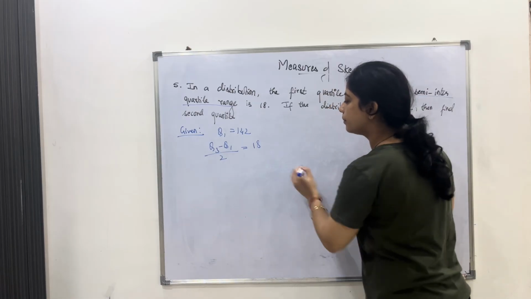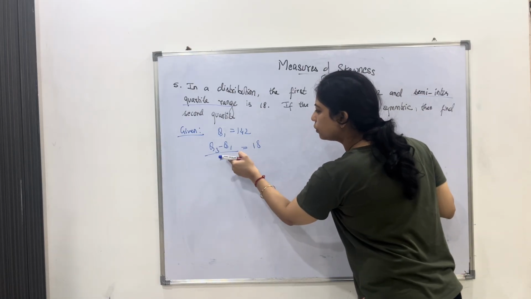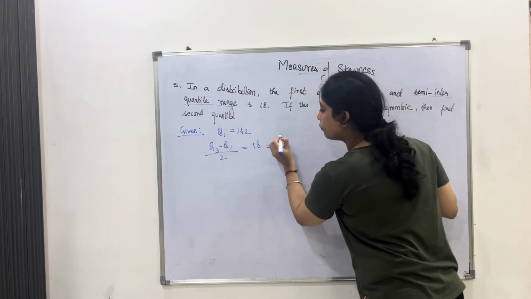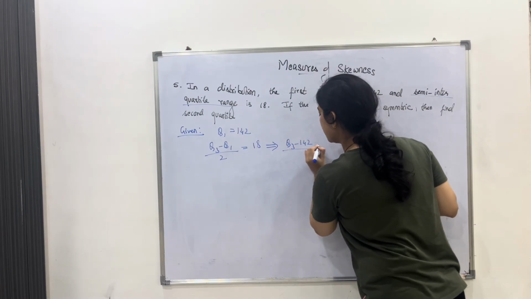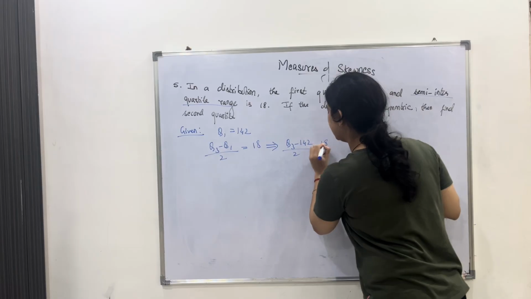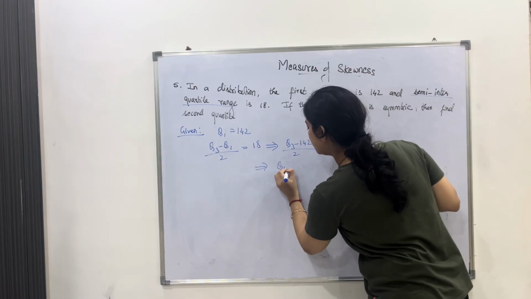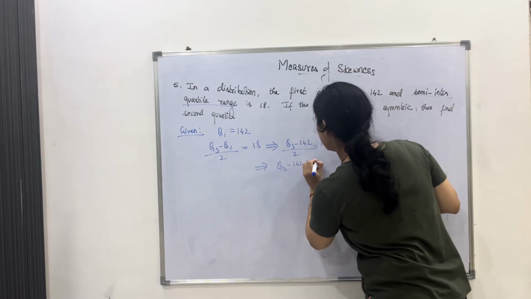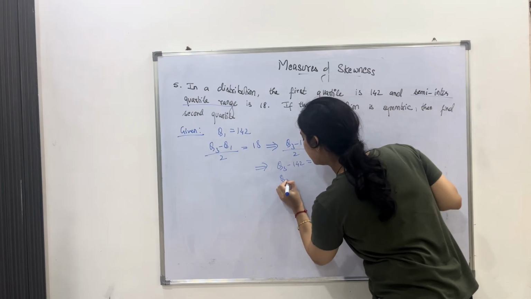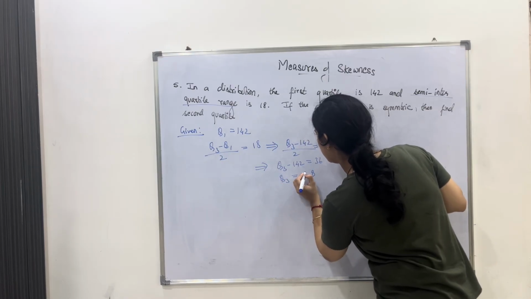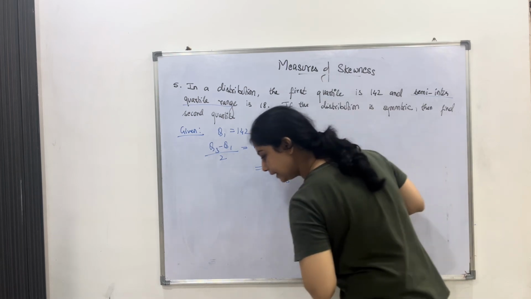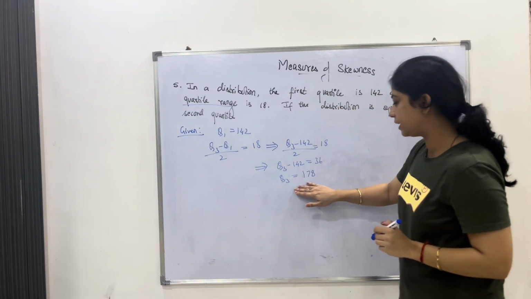From here, we already know Q1 is 142. So Q3 minus 142 by 2 is equal to 18. So Q3 minus 142 is equal to 36, and 142 goes to the other side and becomes plus 178. So the answer for Q3 is 178.